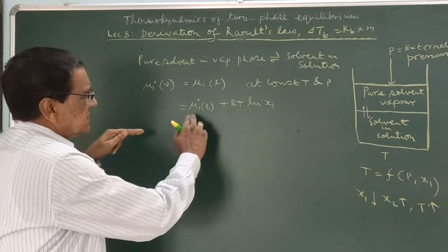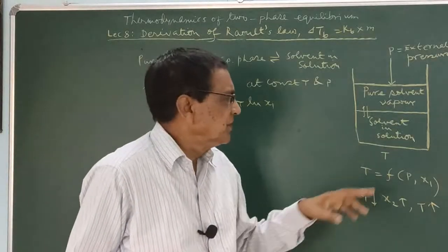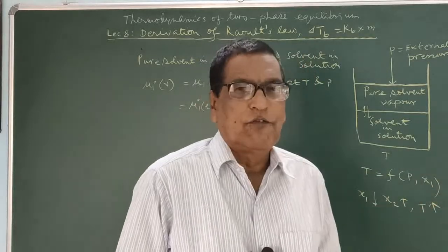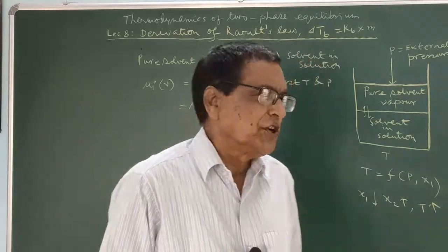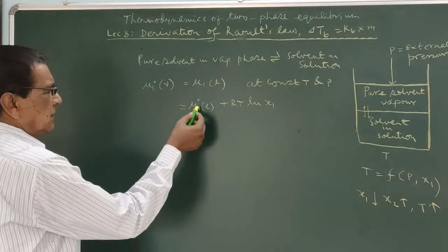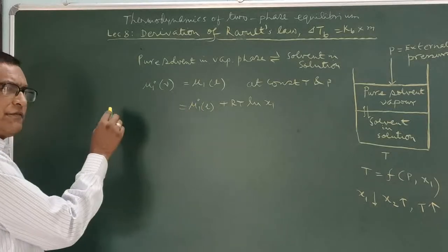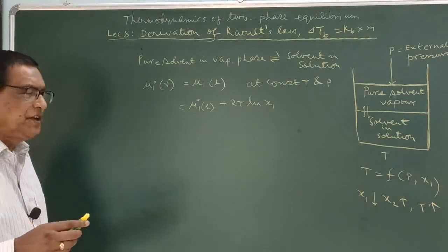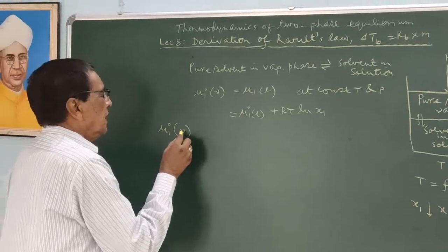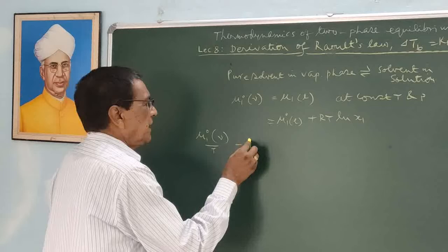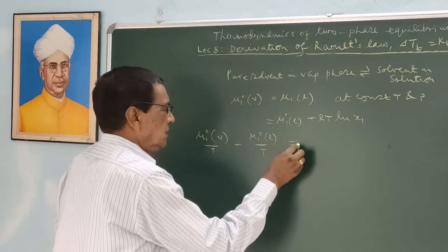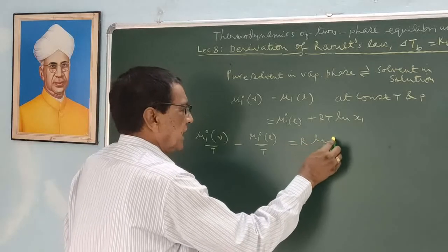This relation we can write only when the solution behaves ideally, or we can say it is valid for an ideal dilute solution. Now transferring this to the left hand side and dividing by T, we have mu1 naught V divided by T minus mu1 naught L divided by T is equal to R ln x1.